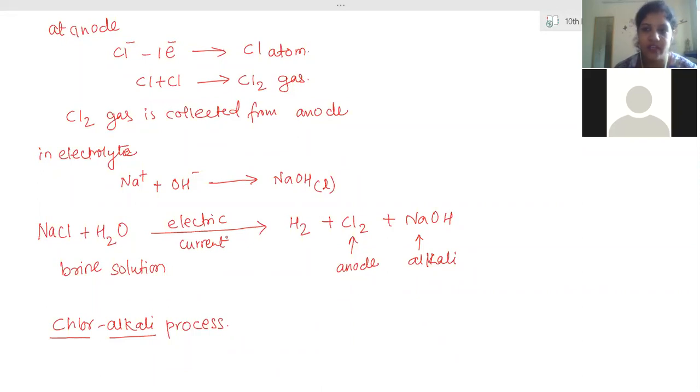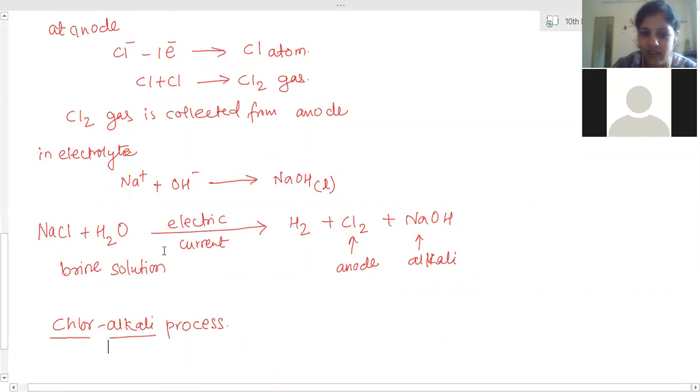If you don't write that electric current, you will not get a single mark, because that condition is important. By only mixing sodium chloride into water, sodium hydroxide, hydrogen and chlorine will not be obtained. This reaction happens only when current is passed through it. If you don't write this condition, this reaction won't take place. So this is very, very important. Is it clear?